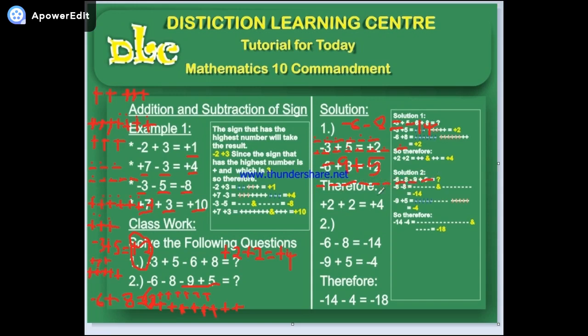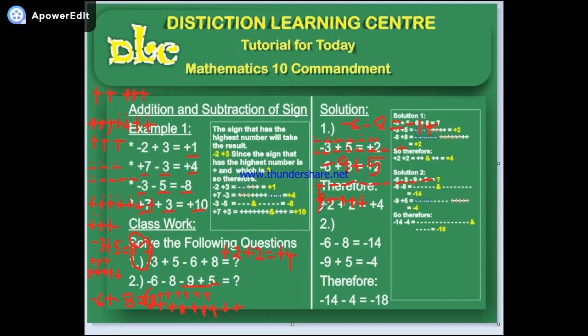And the next one is 5 plus. That means you draw 5 plus: 1, 2, 3, 4, 5. Now, let the minus cancel all the plus.